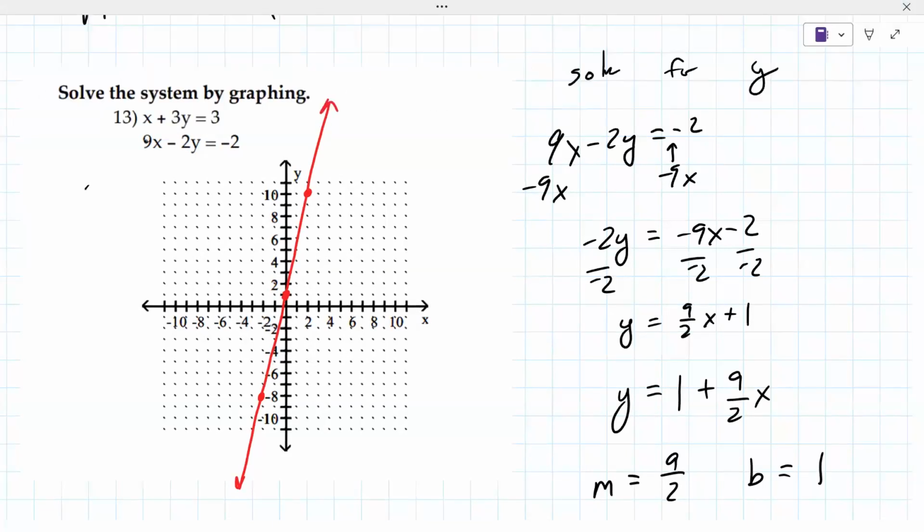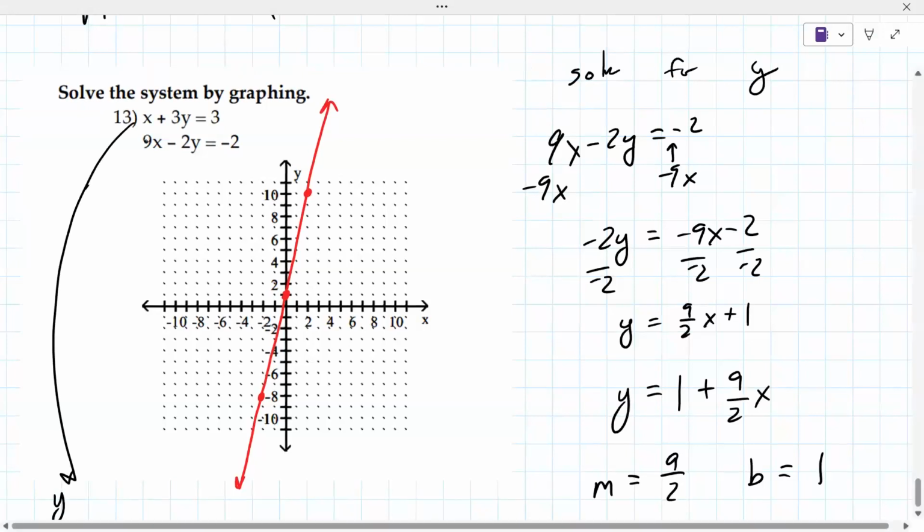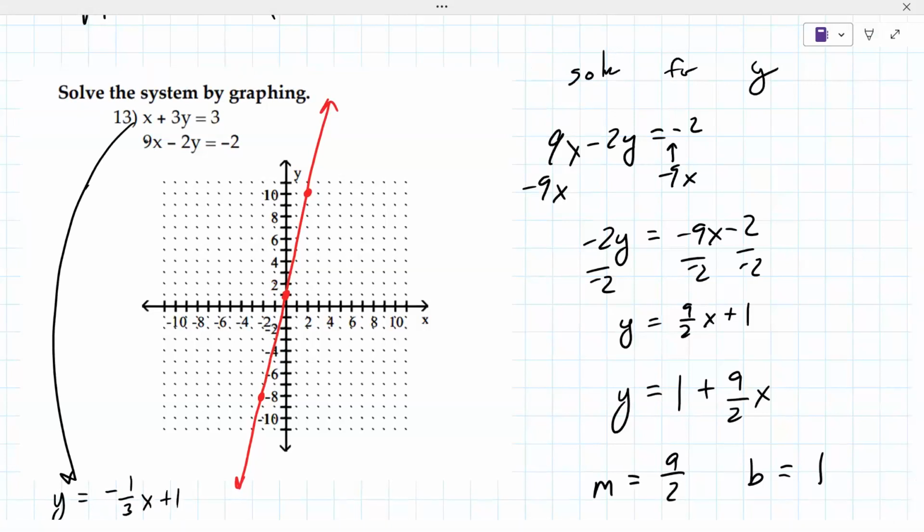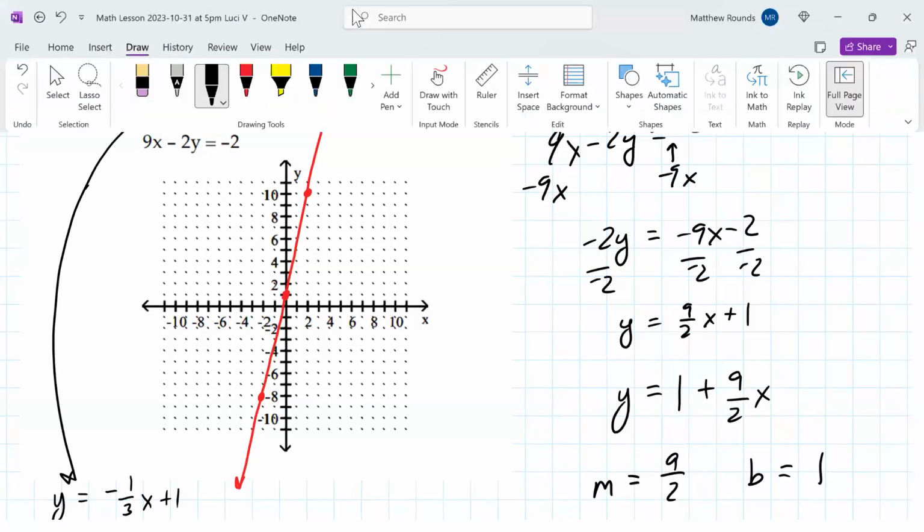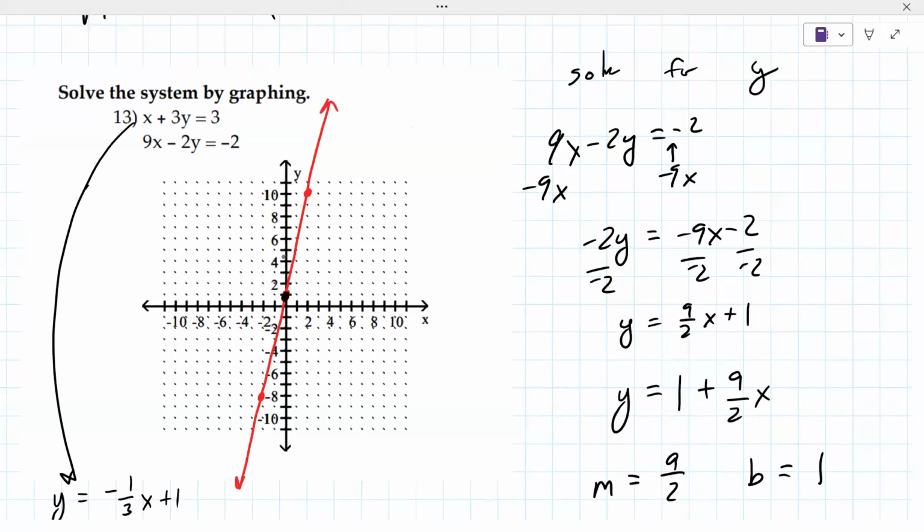Now the first one, to solve for y, you end up getting y equals -1/3 x plus 1. So it actually has the same b value. Right there, that is the intersection point.